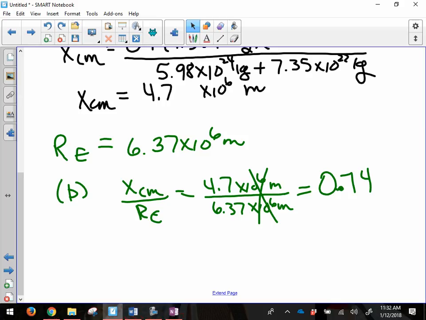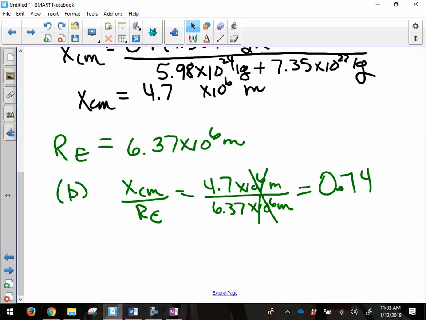So what that's telling us is that the center of mass of that system is inside the Earth. Yes, because it's less than 1 radius. Well, it's the same thing. The Earth is that much bigger.